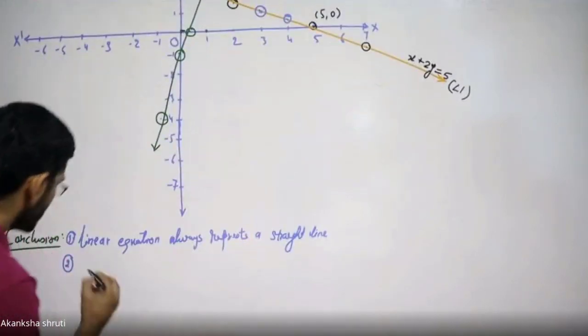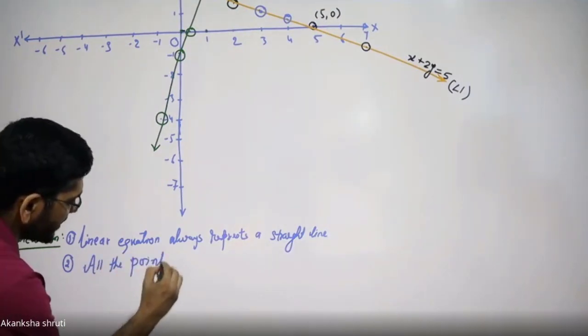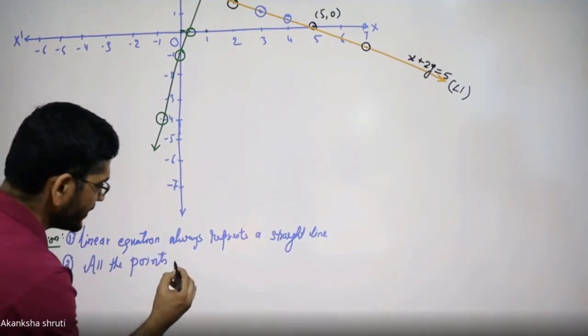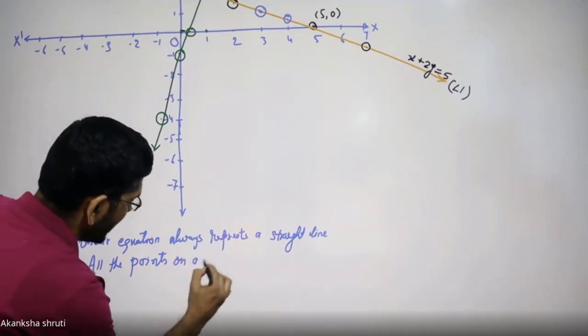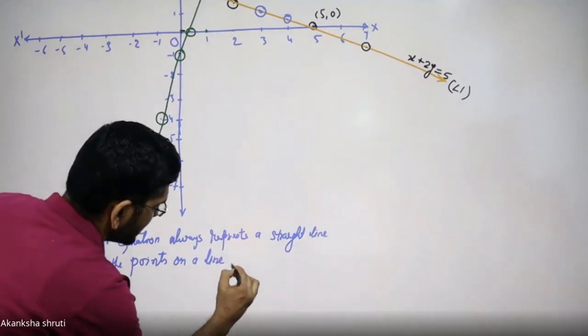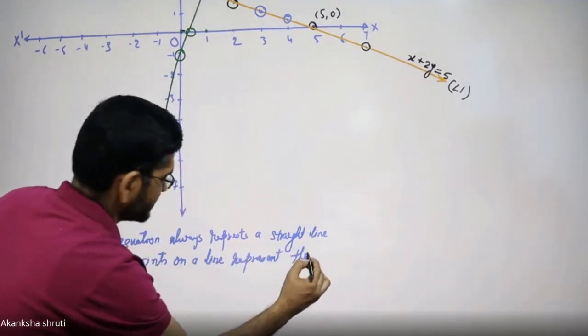So write: all the points, these points meaning coordinates x and y, on a line represent the solution of that equation.